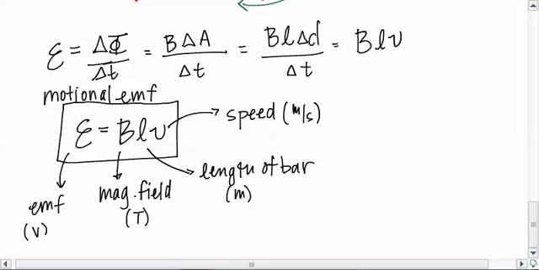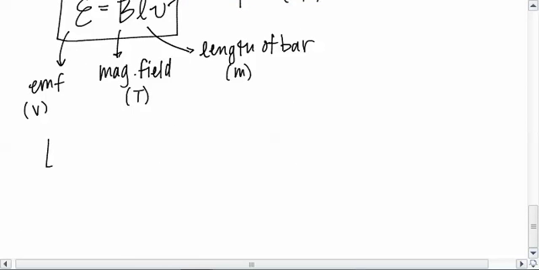So we're going to use right-hand rules to figure out the direction. Specifically, we're going to use something that's called Lenz's Law. All right, so Lenz's Law.